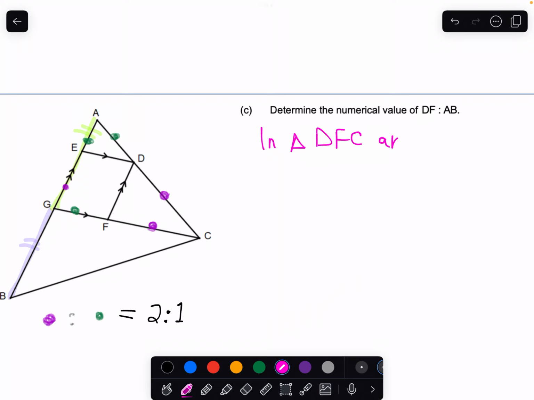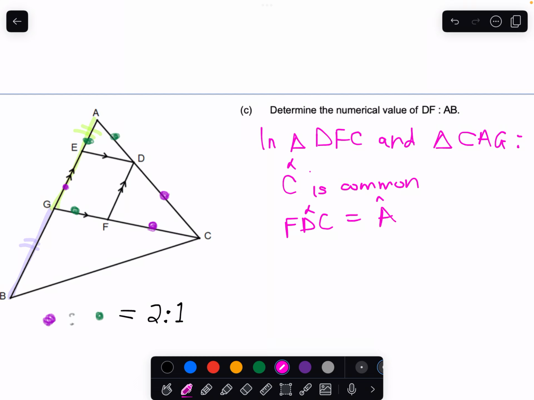DFC and triangle CAG, we have angle C is common. We have angle FDC is equal to angle A because of corresponding angles on the parallel lines FD and AG.